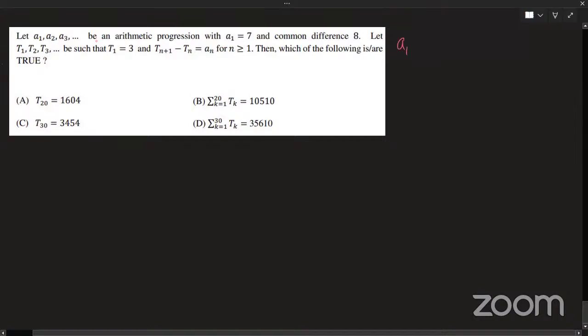So basically A1, A2, A3, A4 like that. It is something like 7, 15, 23, 31. Right, everyone? Yes, sir.